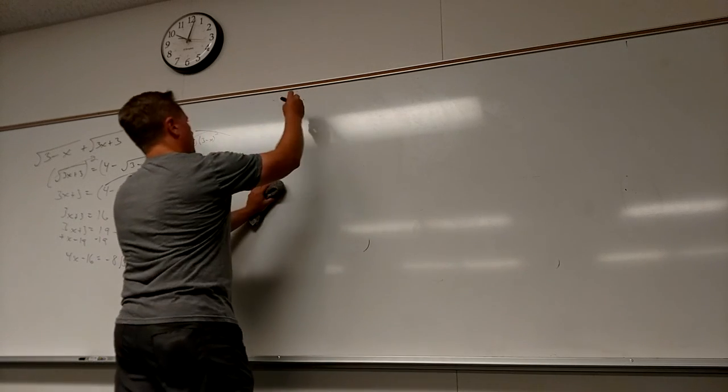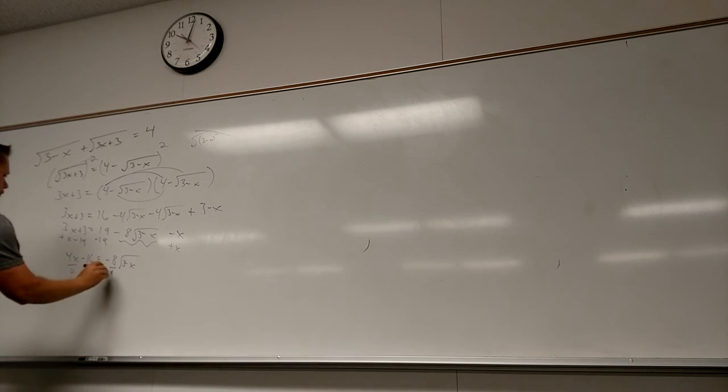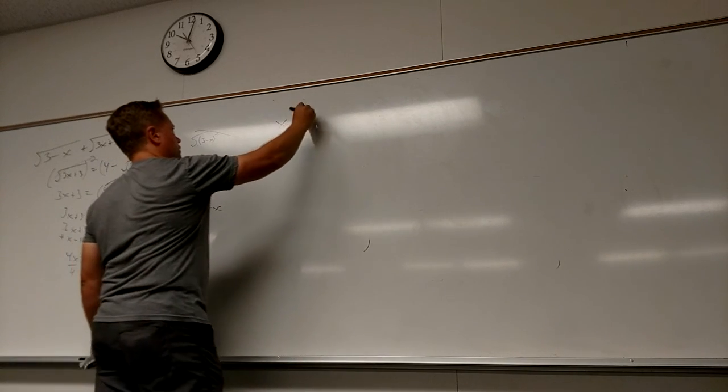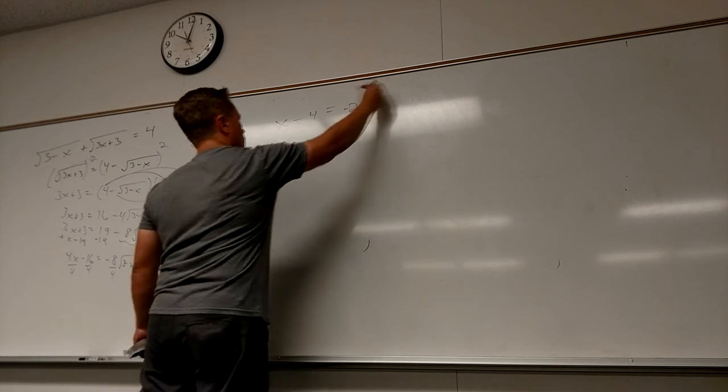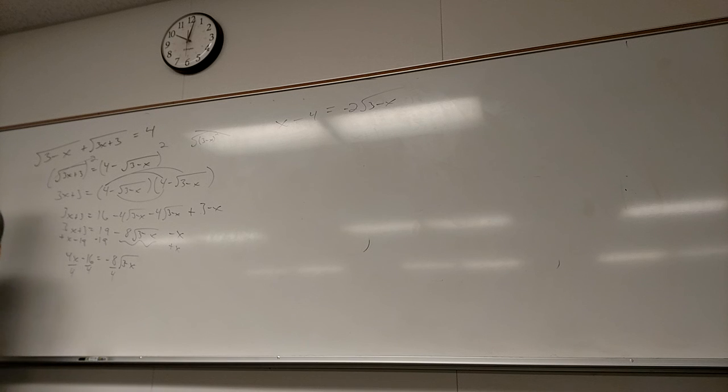So if I divide everything by 4, I get x minus 4 equals negative 2 square root of 3 minus x. So I made my numbers as small as I can. So now what do I do to both sides? Square, to kill that last radical. This is the hardest kind of problem like this.